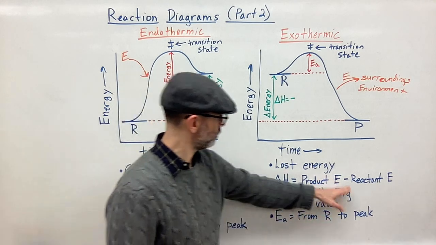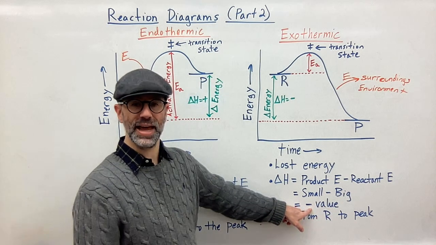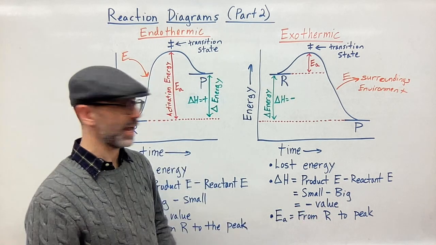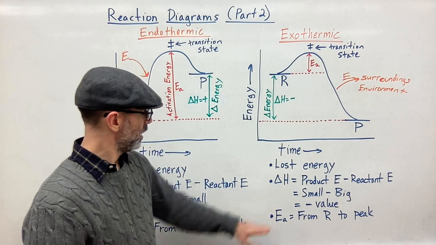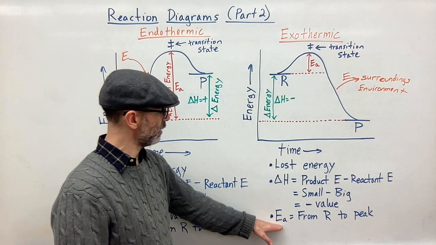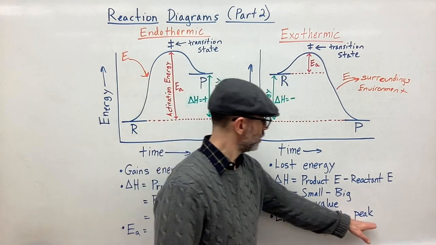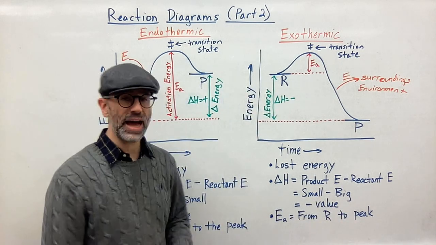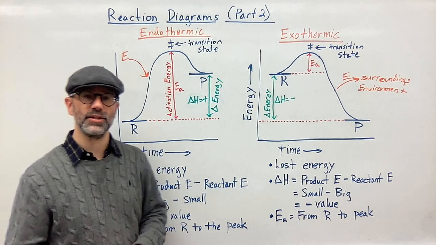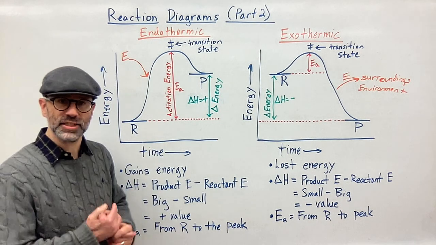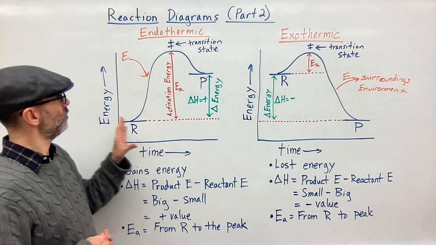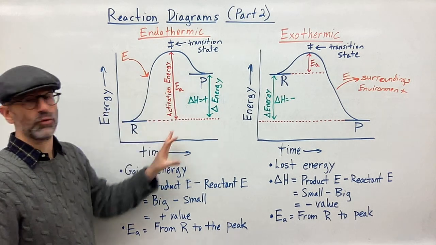And therefore, when you subtract, you should end up with a negative value for delta H. And that's what we have here. And again, the activation energy is the energy from reactants to the peak. And so that is an overview and summary of reaction diagrams. And this is the labeling of a reaction diagram.